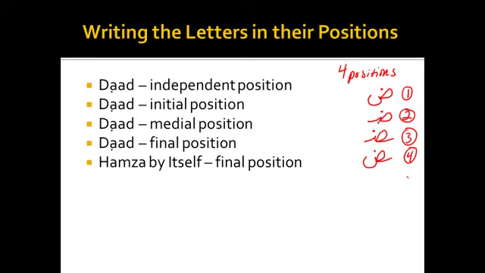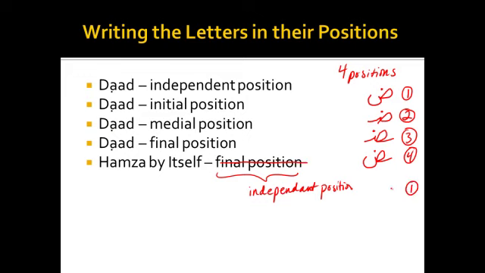Now the Hamza by itself is in the final position. Here we can write the Hamza. However, we're going to call it the independent position instead of the final position, because that's a little bit more correct.